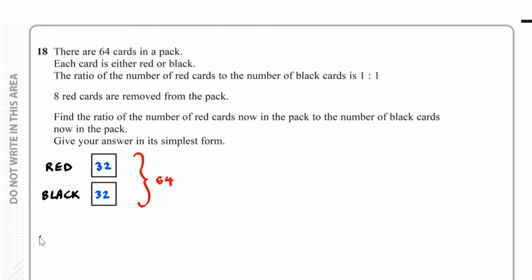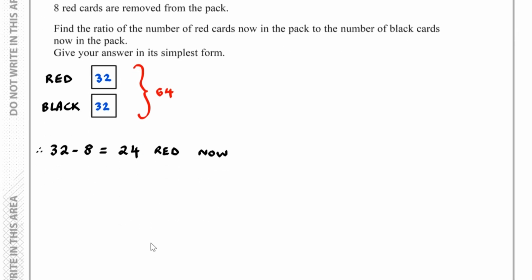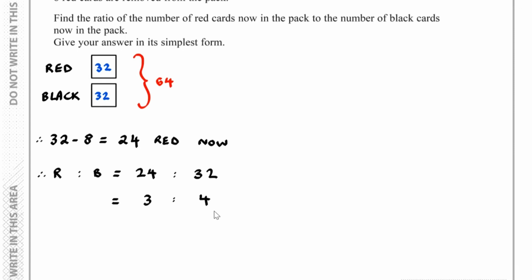So therefore, if I do 32 take away 8, that means now there's 24 red in the pack. So for the ratio of red to black, we've got 24 to 32, and if I divide through by 8, we will end up with 3 to 4.